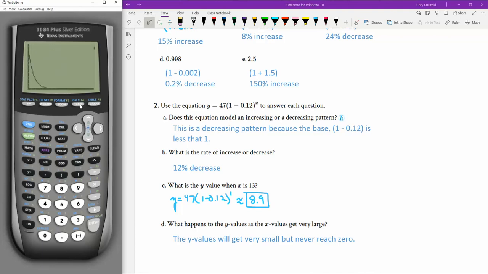If we trace it, you know, we can start tracing this thing to the right, and you can see it right there kind of floating along the edge. You know what, maybe a better window. How about this? Let's go y minimum -10, so we can see it a little bit better. There we go. Trace it.